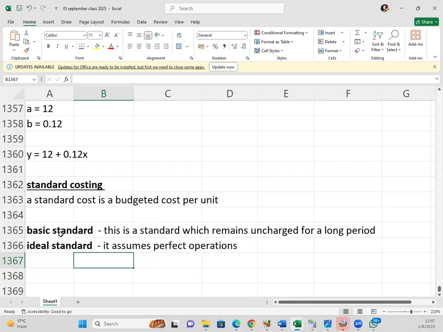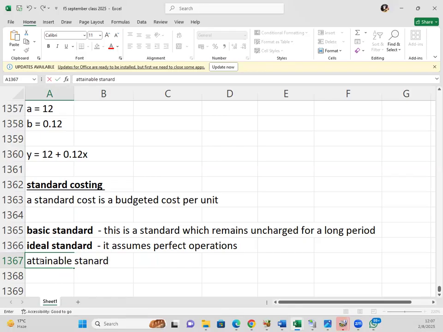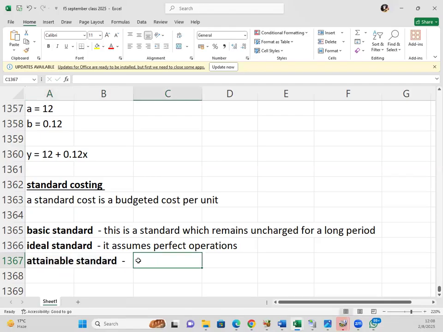So besides an ideal standard, we have an attainable standard. With an attainable standard, we are looking at something that people can achieve. It incorporates slack or idle time. When you're setting this standard, we also take into account that there can be disturbances.